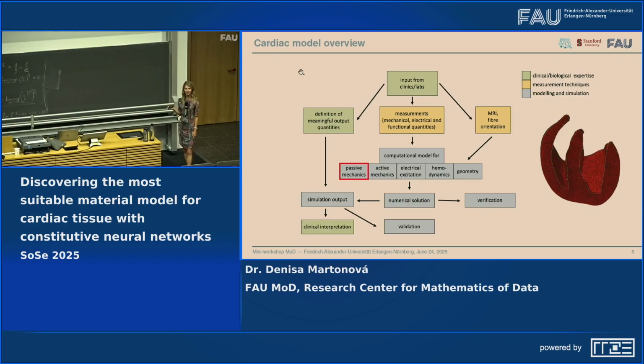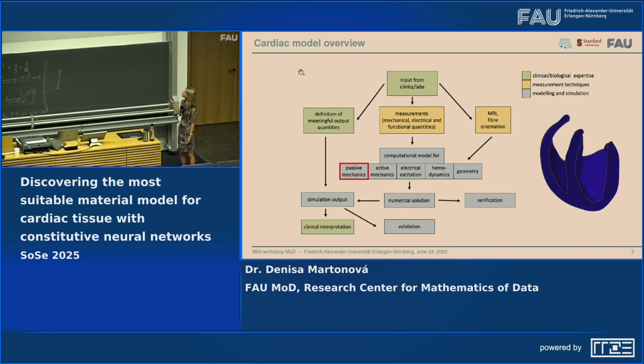Heart is a very specific tissue, and we need a lot of ingredients again. We need a model for passive mechanics, but we also need interaction with electrical parts, so a model for active mechanics and electrical excitation, because in the heart you have electrical signals which trigger the contraction. Then we need a model for hemodynamics and, of course, a geometry.